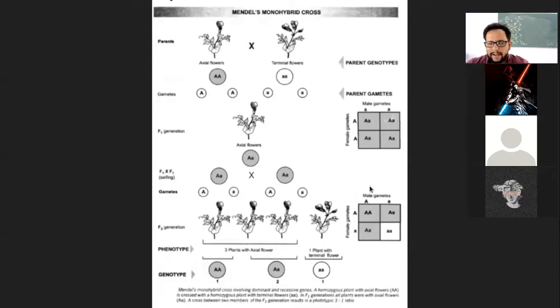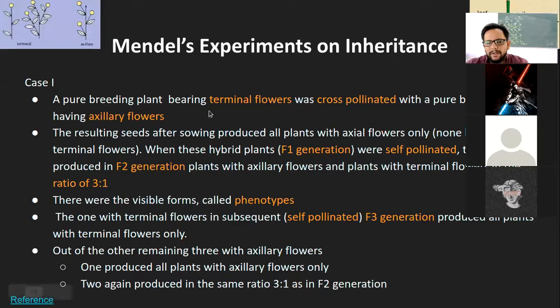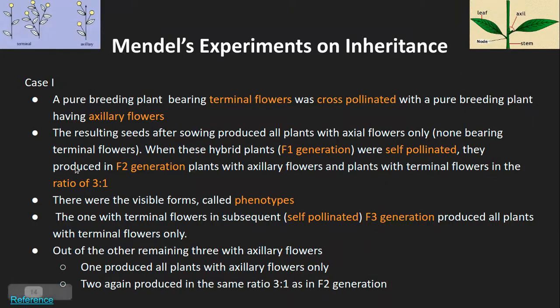Okay, so then I assume all of you have clarity on this particular case one, which was showing a particular phenotype. Now, if you look at this statement, when these hybrid plants from the F1 generation were self-pollinated, that is F1 cross, they produced the F2 generation with axillary flowers as well as terminal flowers, but in the ratio 3:1.